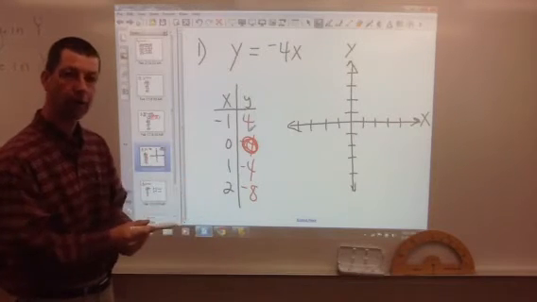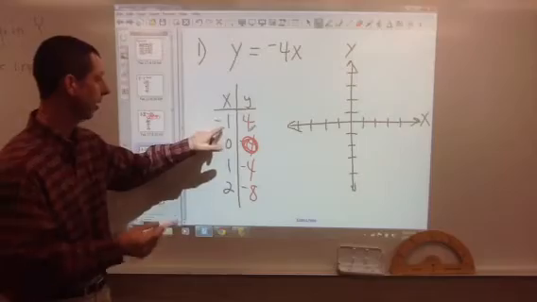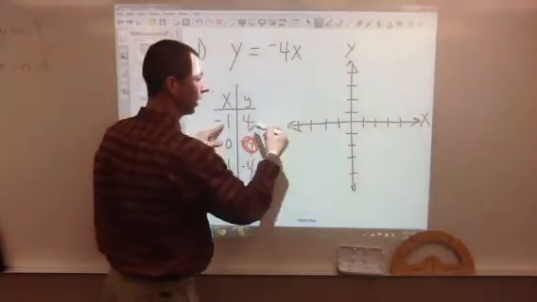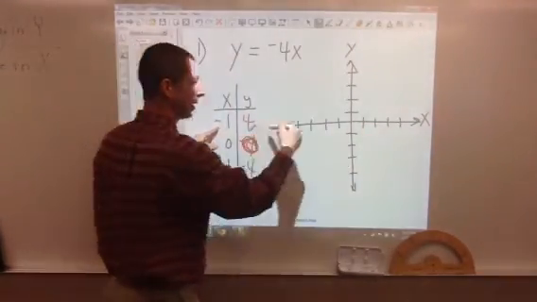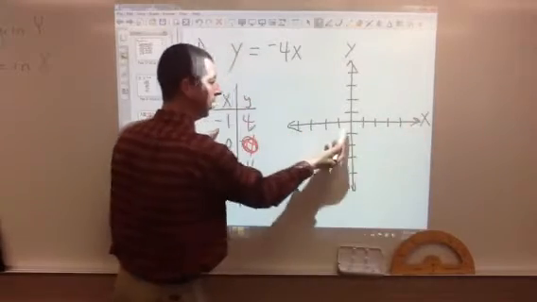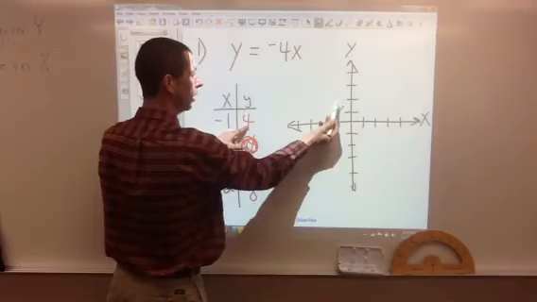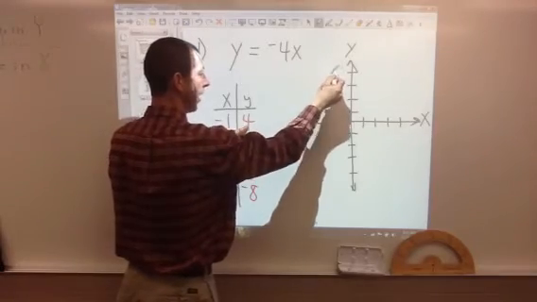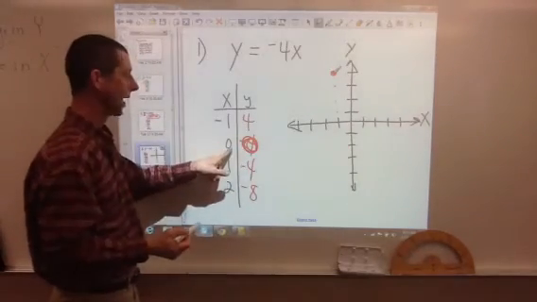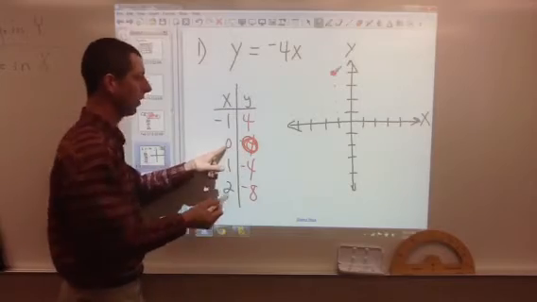Now let's go over and graph, just to review on graphing a little. -1, 4. Remember, the first number is like placing a number on a number line. So -1 is here. Now 4, we've got to go up 4: 1, 2, 3, 4. So that's where that point's going to be. The next point, 0, 0. That's the origin.